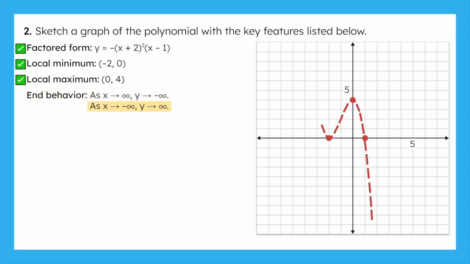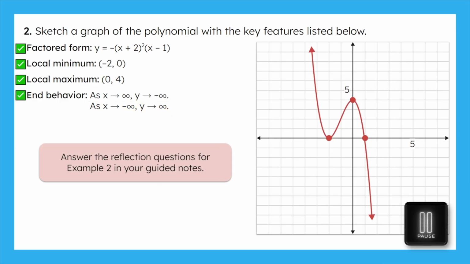On the other end, this says as x approaches negative infinity, y approaches infinity. So as this graph goes to the left, it's going up. That will look something like this. I'm going to fill in my sketch and add some arrows to the ends, and voila.